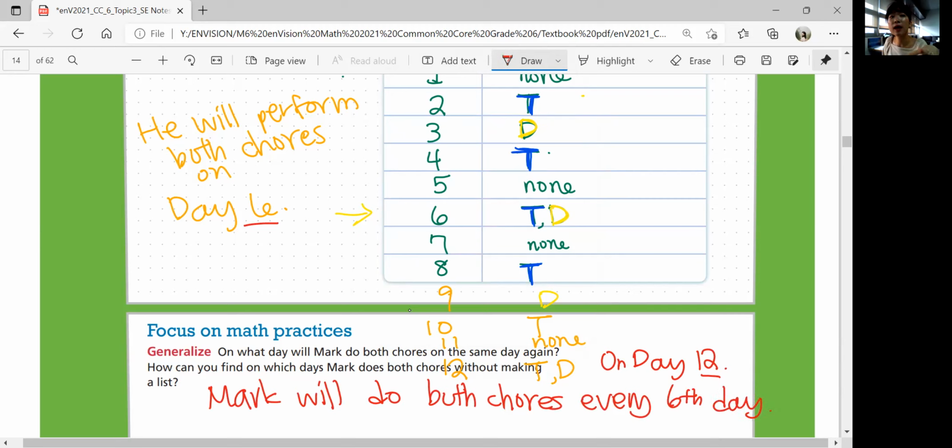So every 6th day, he will do both. Day 6, day 12, and then after you figure out the pattern, you can see that day 18, he'll do both chores. And then 24, and then 30, 36, and so on, the multiples of 6.